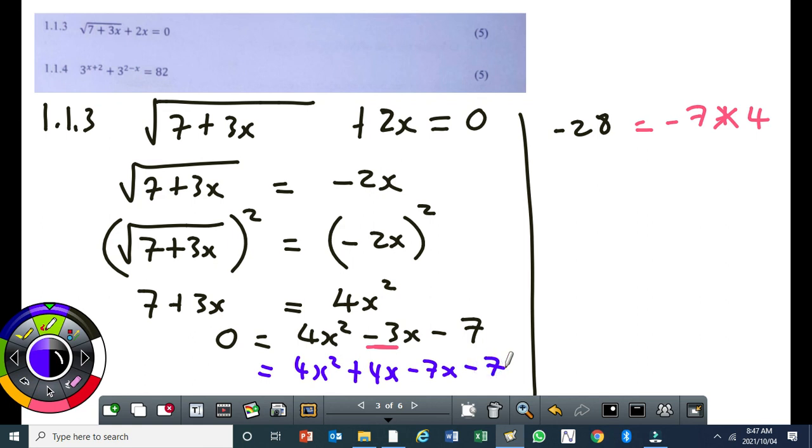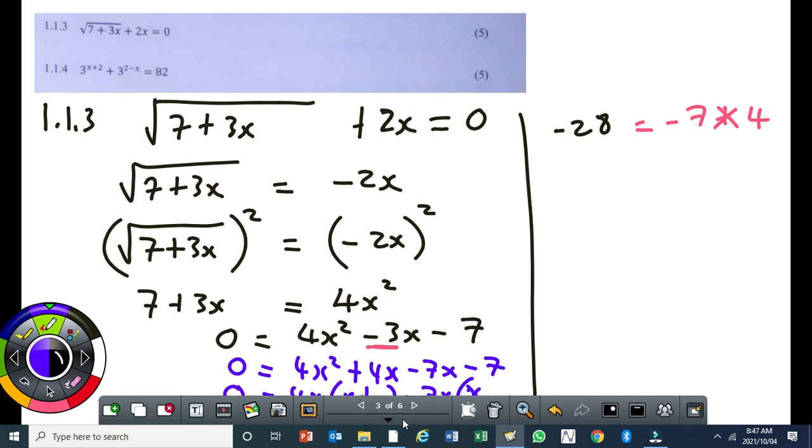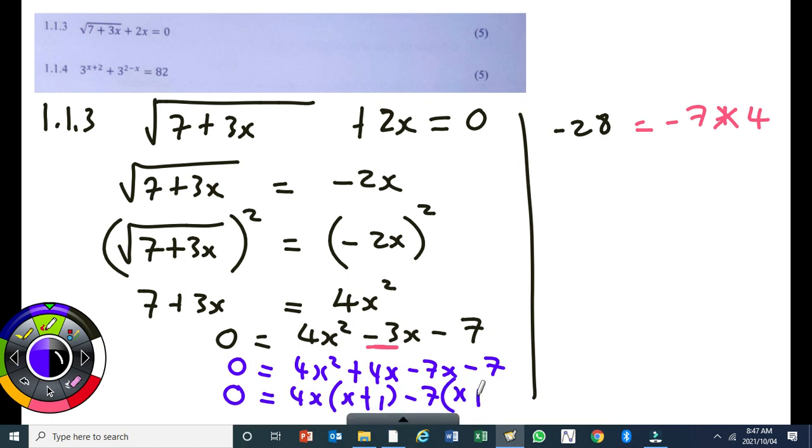Please don't stress about what I'm doing here. I'm trying to factorize it. You can use the quadratic formula if you have got challenges with factorization. So this will be 0 equal to 4x times x plus 1, minus 7 times x plus 1.